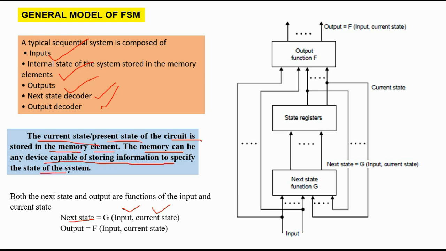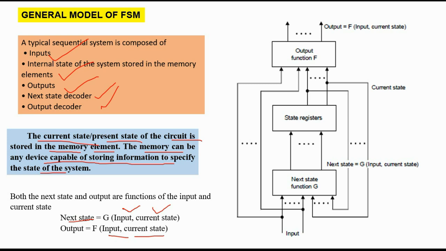It will be available from the memory. So you need a decoder to decode the particular information from the memory. That's why we need a current state decoder. And the output is also a function, represented by f, of the input and current state.